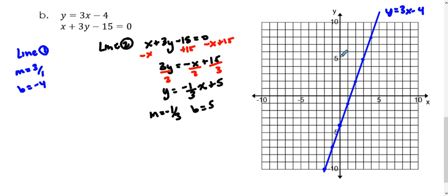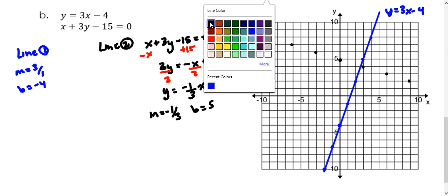So I can go here at 5, and I go down 1, run a 3, down 1, run a 3, down 1, run a 3. All right, and I can graph my line.